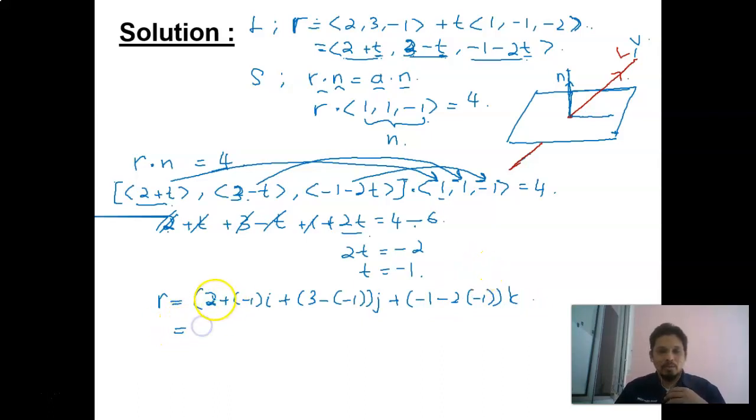So then 2 minus 1 equal to 1i, 3 plus 1 equal to 4j, and negative times negative becomes positive, negative 1 plus 2 equal to k. Okay, negative i plus 4j plus k.